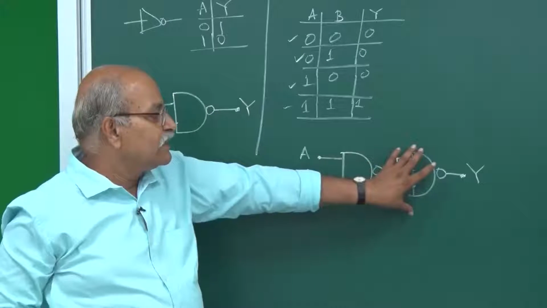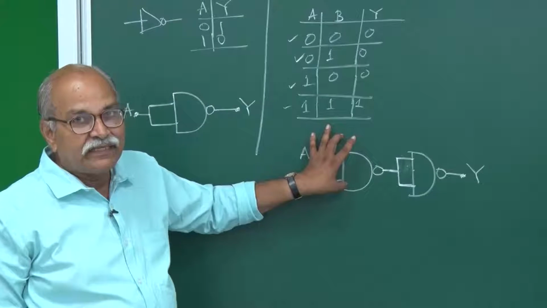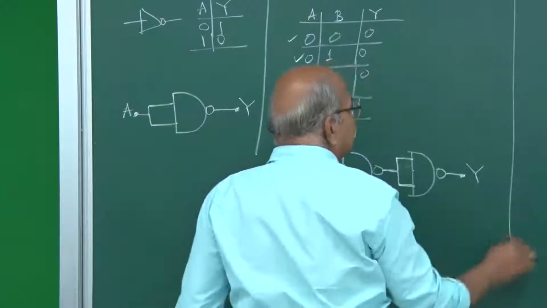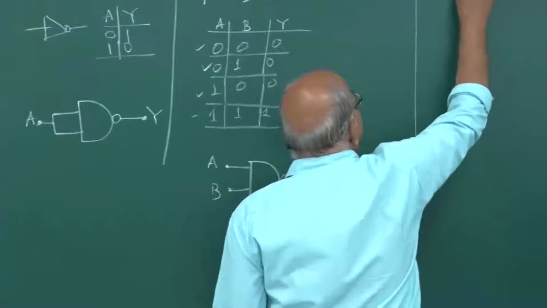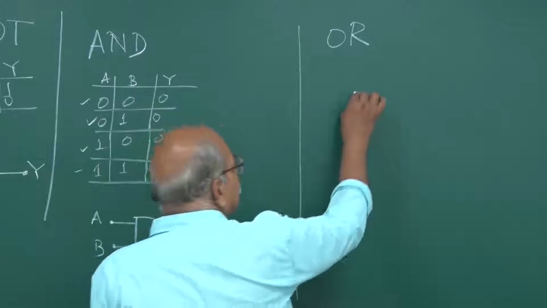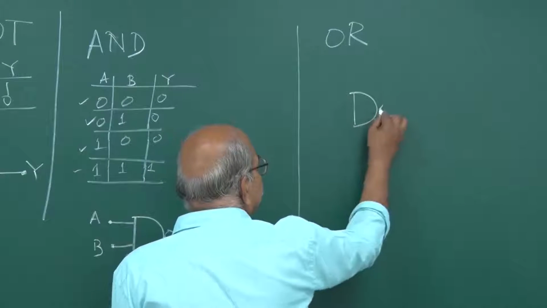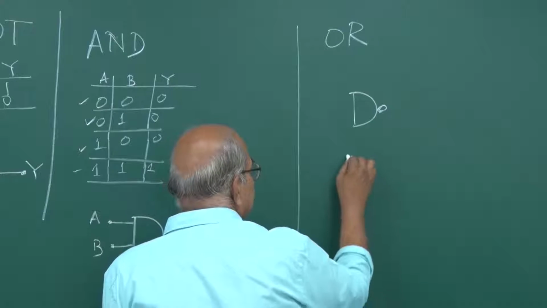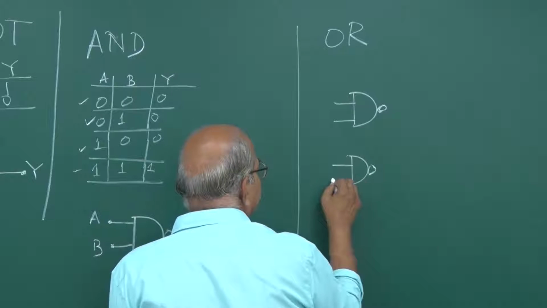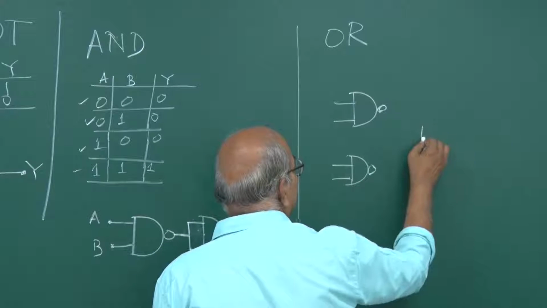With 2 NAND gates, you can make AND gate. And then OR. Let us see how do I get OR gate. For this, I need 3 NAND gates. One is here, one is here, and one is here.